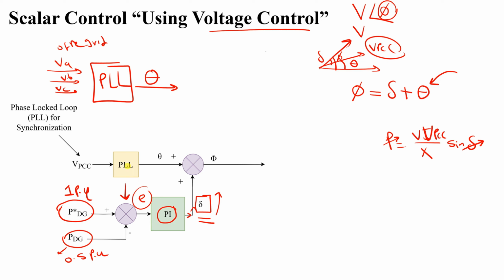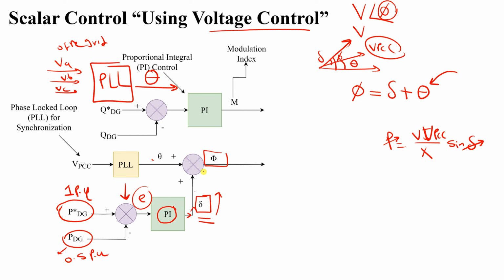So the output of the PLL will be theta, or the angle of the three phase. By adding these two angles together, we will get phi, which represents the angle of the output voltage of the three-phase inverter, right?